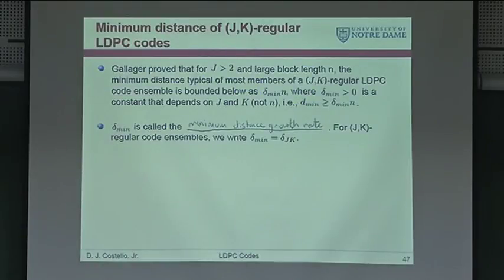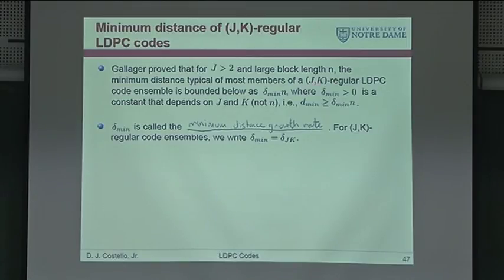So this is called the minimum distance growth rate of the code. And now there are lots of different ensembles of LDPC codes, not just j,k regular codes, that have minimum distance growth rates associated with them. This is a general parameter that we use for those ensembles that have properties like this.